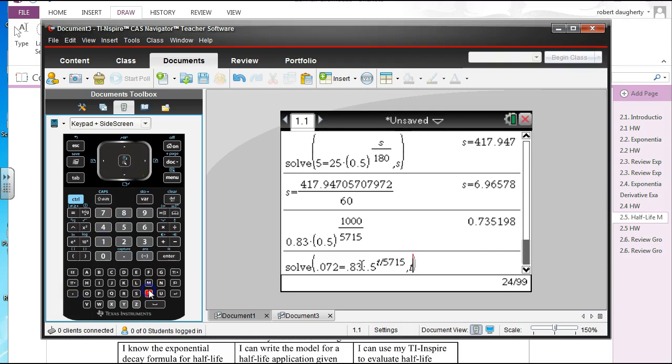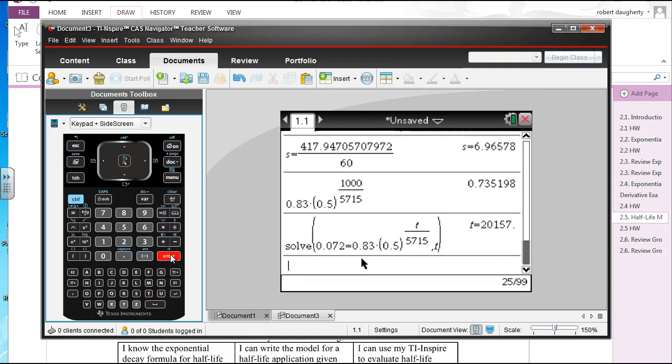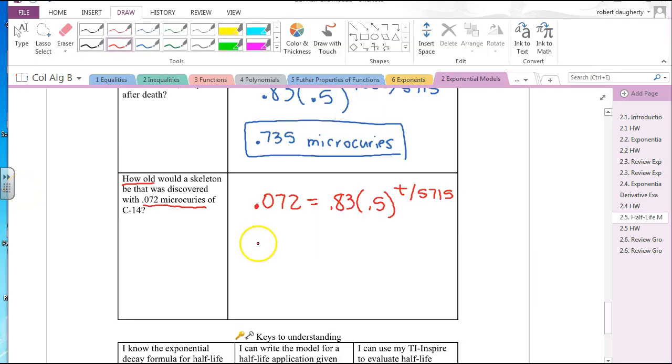Comma t, okay? It's not that difficult. The calculator is doing all the hard work here, okay? So solve this equation and you get 20,157. So t is 20157. In the context of my problem, what does that mean?